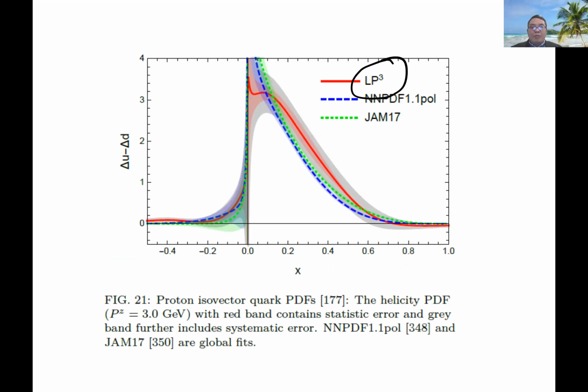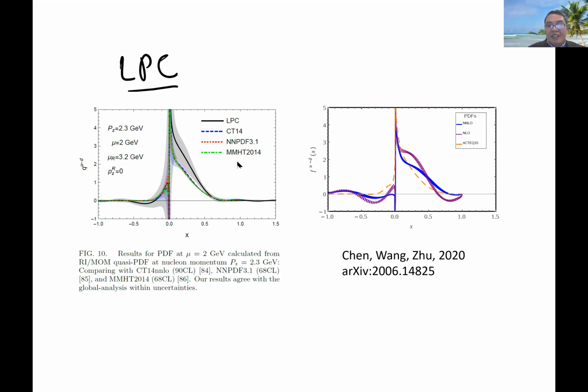And this is the LP3 calculation, also for the polarized quarks inside the polarized proton. The red is the LP3 calculation result. The blue and green are the experimental Parton distributions. And this is the LPC, a group from mainland China, that has done calculations. This is matching to the two-loop orders.